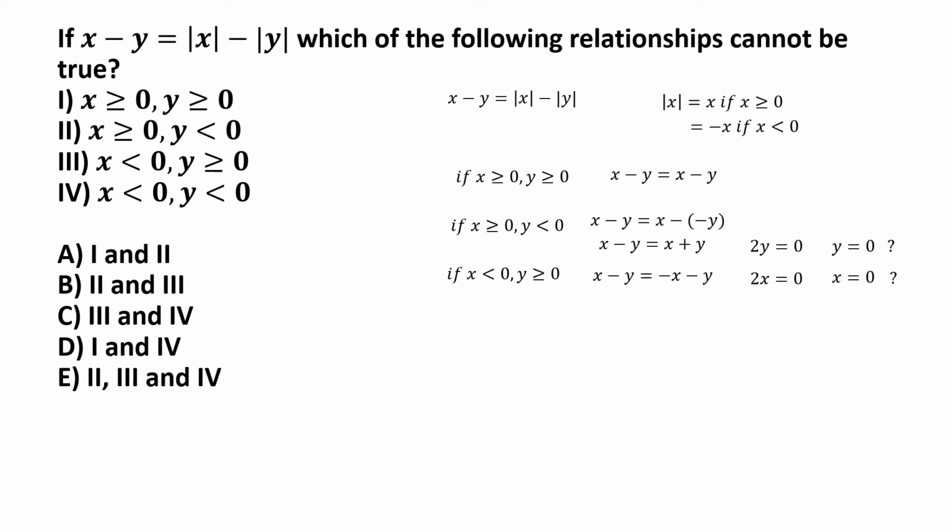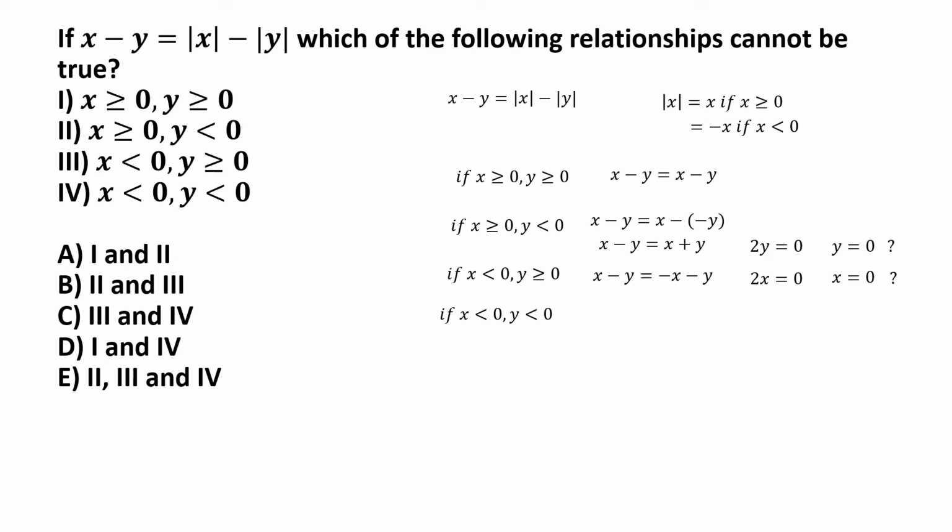But in option E, we have domains 2, 3, and 4, which are listed as domains that may not be possible for x and y. So we have to evaluate the domain given in option 4, to see what happens when both x is less than 0 and y is less than 0.